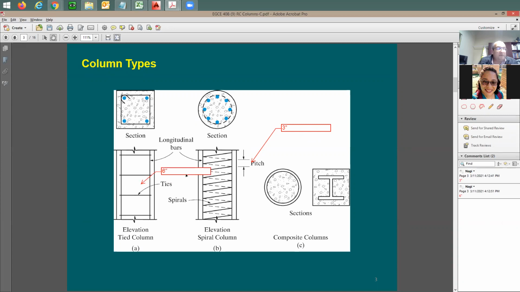So that you know the difference between the two types of columns. And this distance, from here to there, the spacing, we usually call S. I'm sure that you guys have seen this already in tie spacing in beams when we were doing the shear beam design.